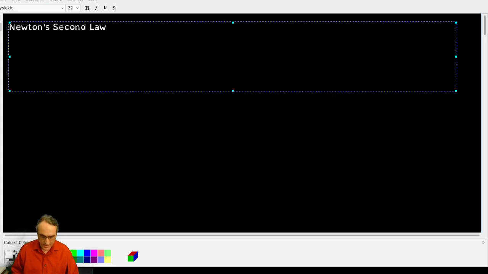Newton's second law. Newton's second law is functionally just a statement of mathematical fact, unlike the first law, which is sort of a more vague statement about what happens in general.